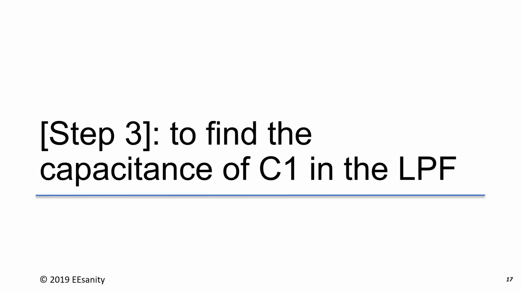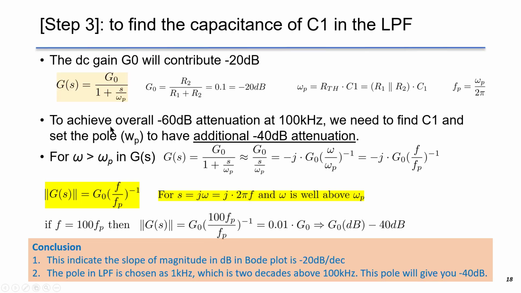Now we need to go to step 3, that is to find the capacitance of C1 in the low-pass filter. We know that the DC gain G0 is 0.1, which equals minus 20 dB.